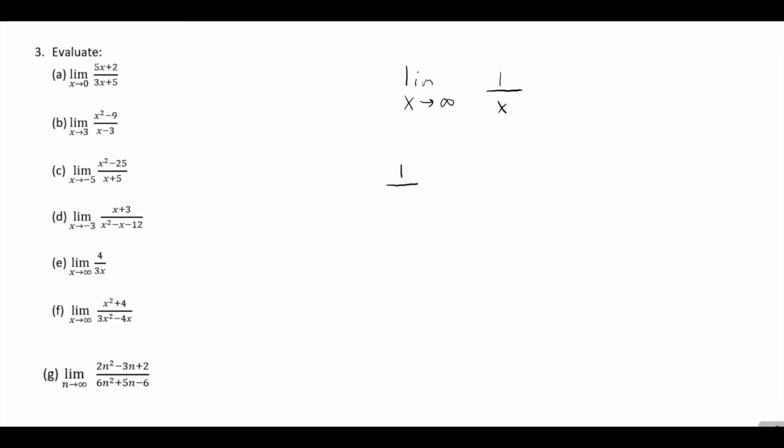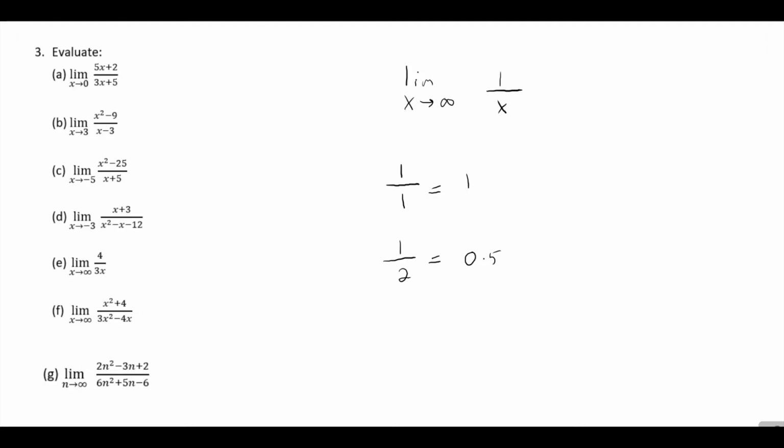If you have 1 over 1 to start off with, that's just going to give you 1. Let's increase that. 1 over 2, well, a half is smaller than 1 over 1, so you'll get 0.5.